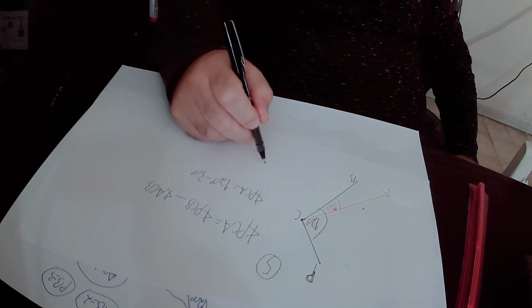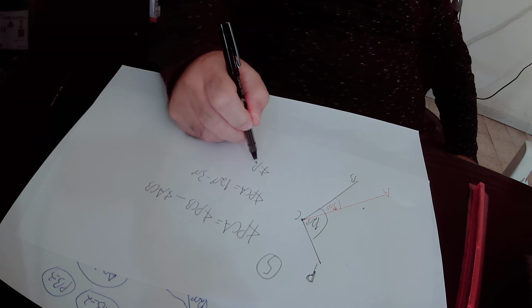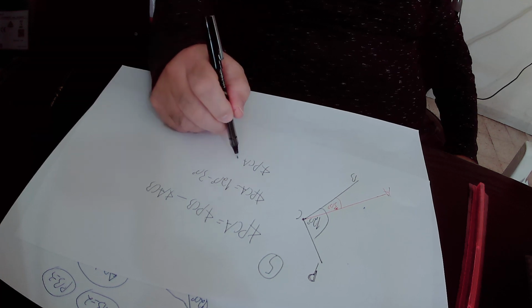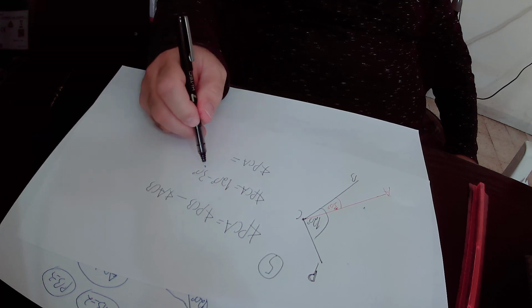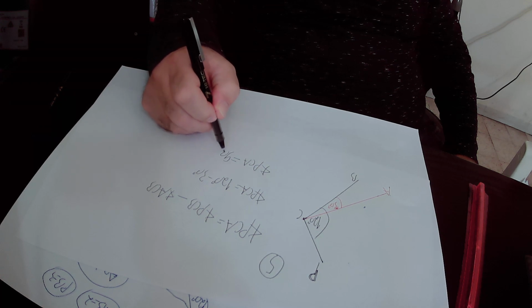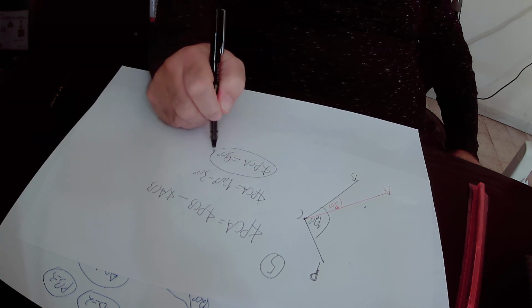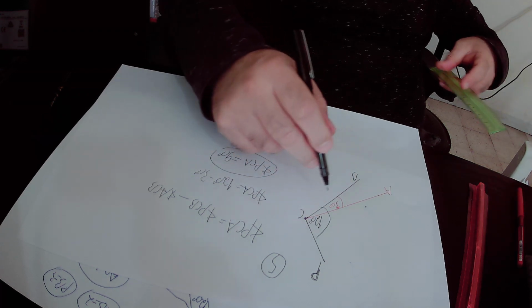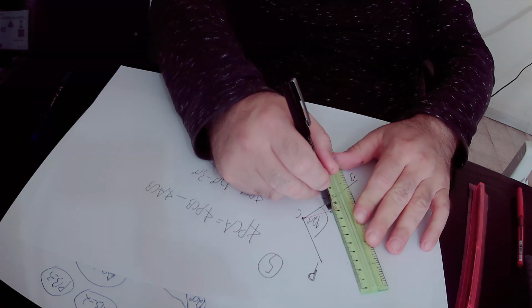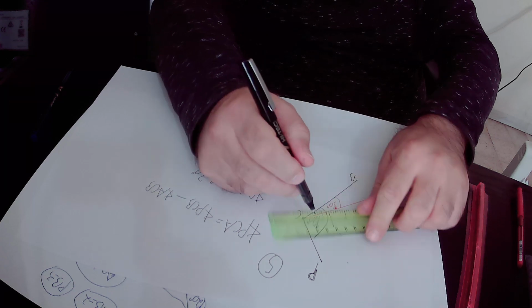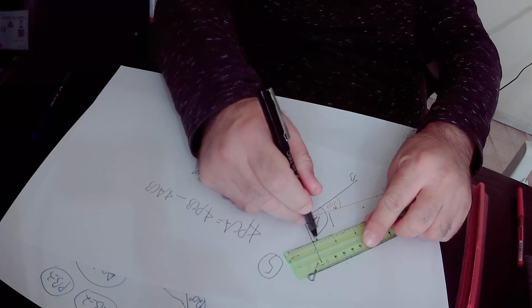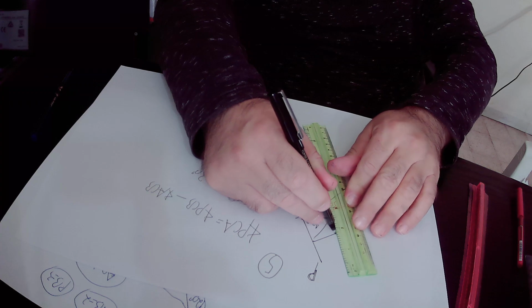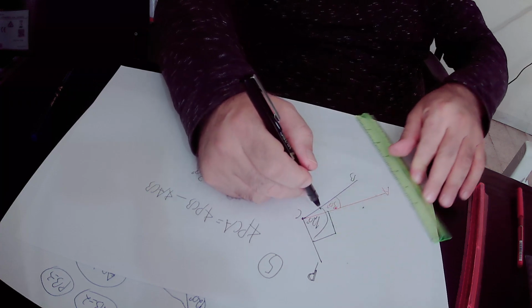So the missing angle PCA equals 120 degrees minus 30 degrees, it is 90 degrees. So we found out that this missing angle PCA equals 90 degrees. That is to say, it is a right angle.